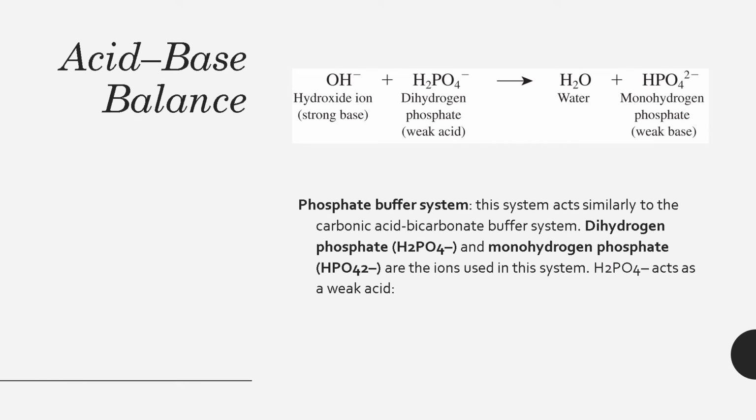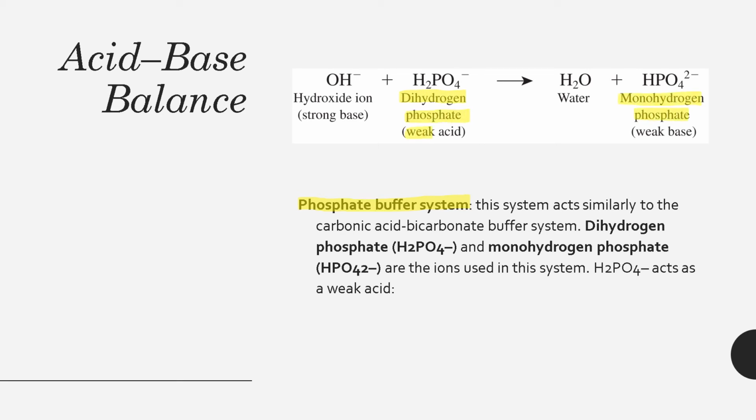Now lastly, we have the phosphate buffer system. Now this one is slightly different, but again, at its base, it is the same acid-base homeostasis buffer system. So in these systems, we are kind of working between dihydrogen phosphate and monohydrogen phosphate.